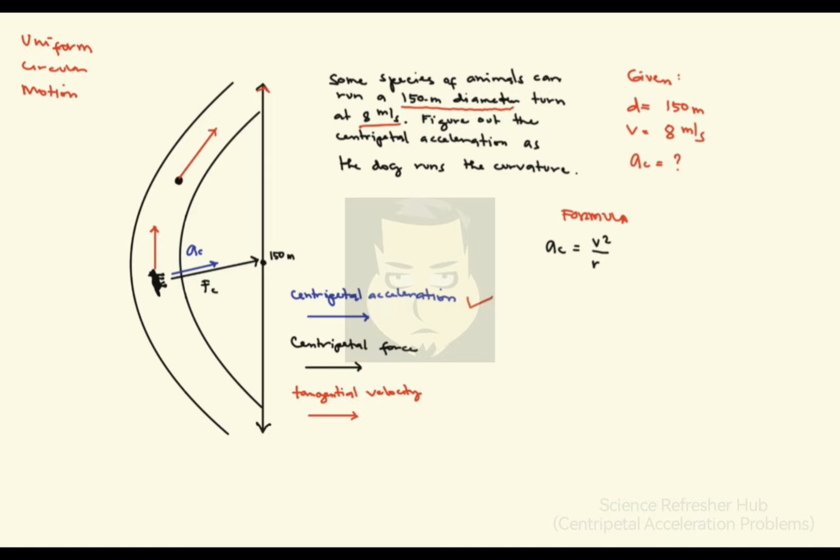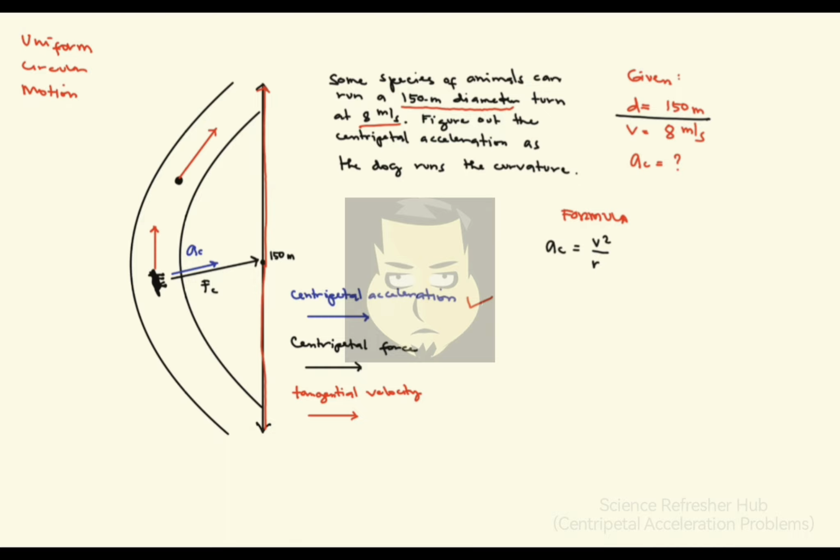Okay, if you look at the given, we have this diameter here. And diameter is the line segment from this point passing through the center of that curvature to the other point. That's the diameter.